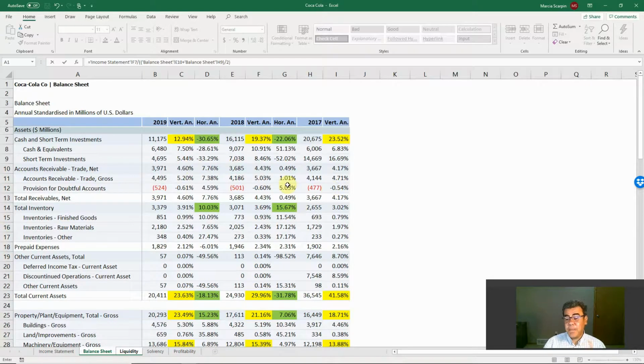And it is not possible for us to have this ratio for 2017 because we will not be able to work with this average. So that's why usually we work with 3 years of data and 2 years of ratios.